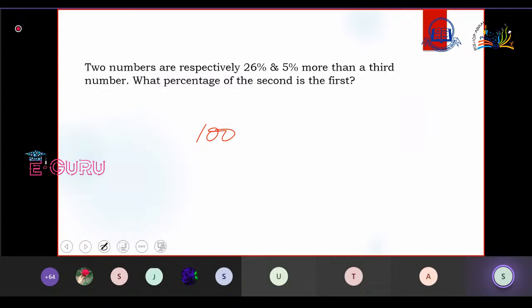Then two numbers are respectively 26% and 5% more than the third number. That means the first number will be 26% more than the third number. That is 26% more than 100. It will become 126. The second number is 5% more than the third number. So it will become 105, right? 105.